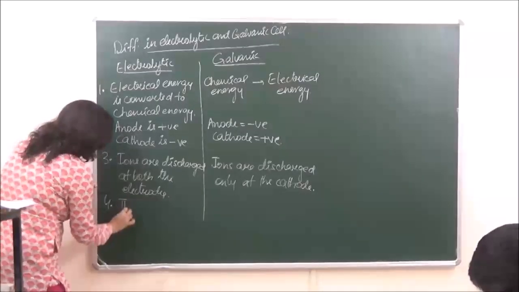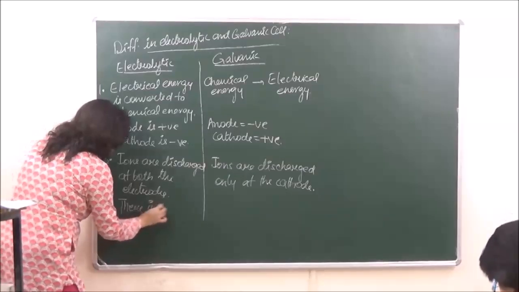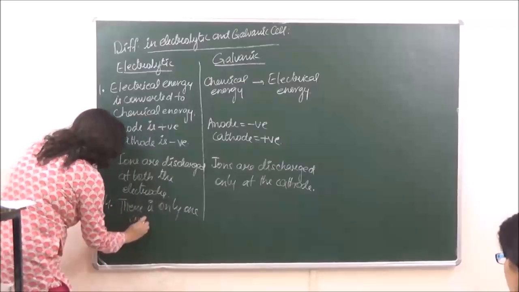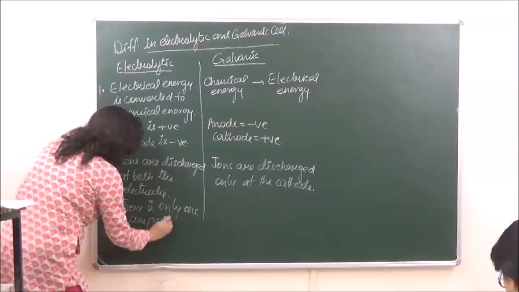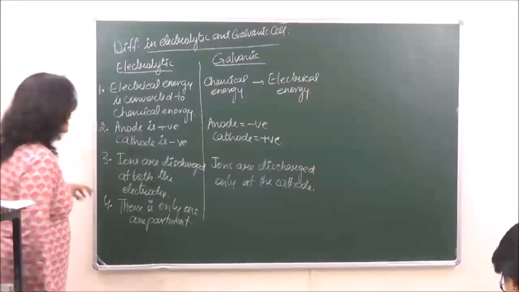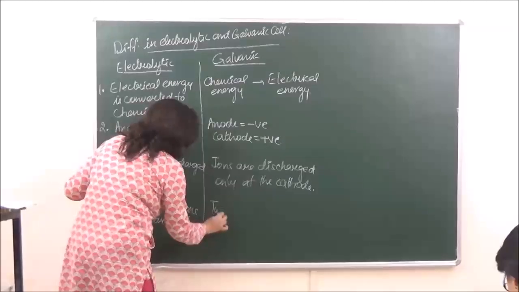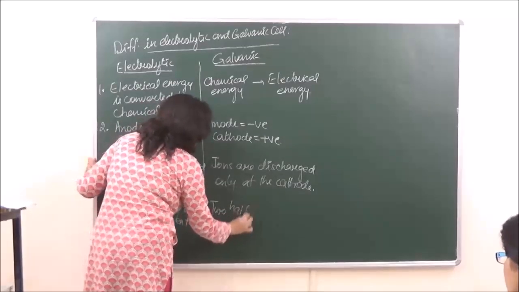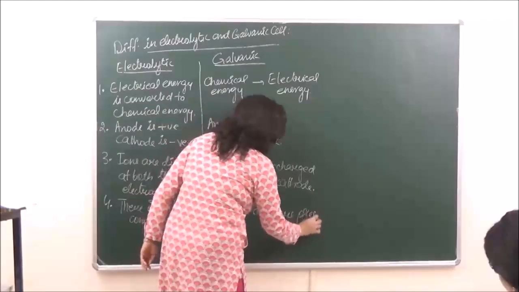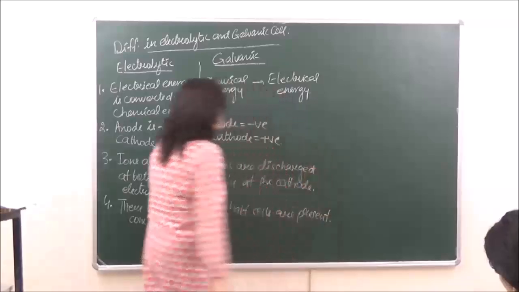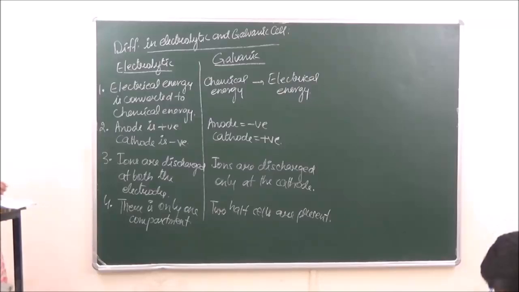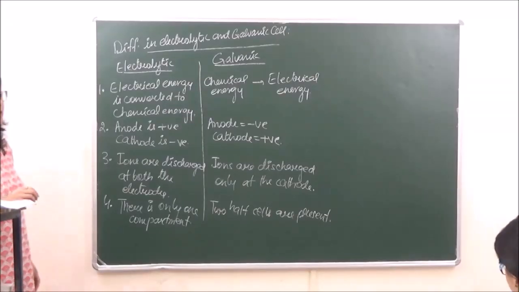So we say that there is only one compartment over here, whereas in the galvanic cell, two half cells are present, which we have already discussed: one which is the oxidation half cell and the other the reduction half cell.